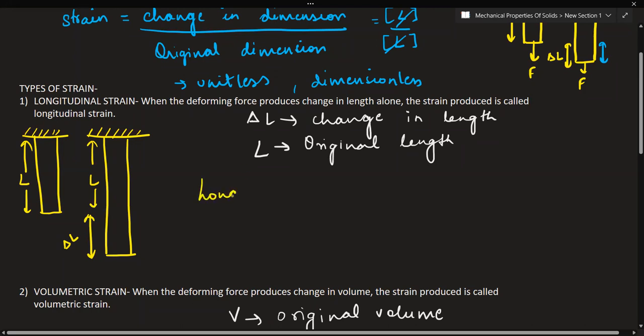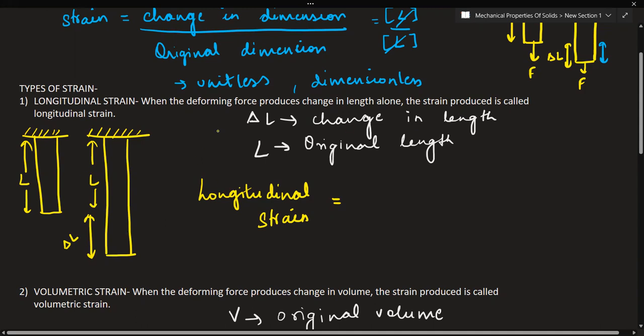Can you guess what should be the formula for longitudinal strain? Strain is change in dimension divided by the original dimension. So longitudinal strain should be? Ma'am, it would be again change in dimension by original dimension. Exactly. And the dimension that is changing in this case is the length.